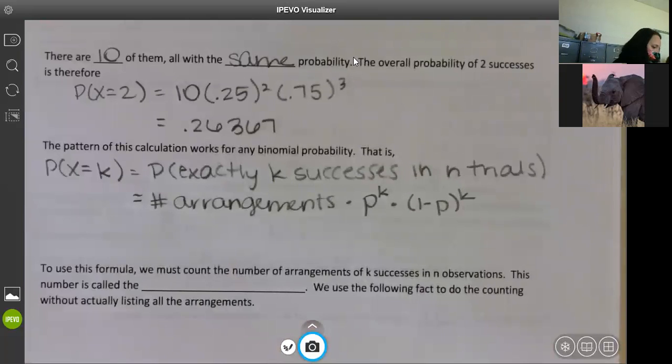So to use this formula, you must count the number of arrangements of k successes in n observations.